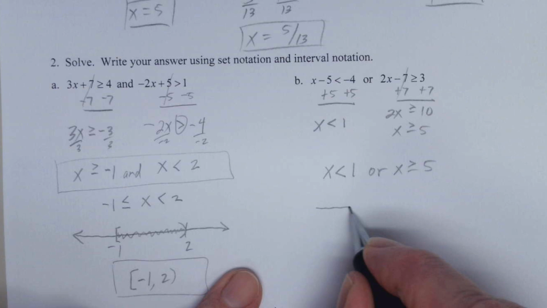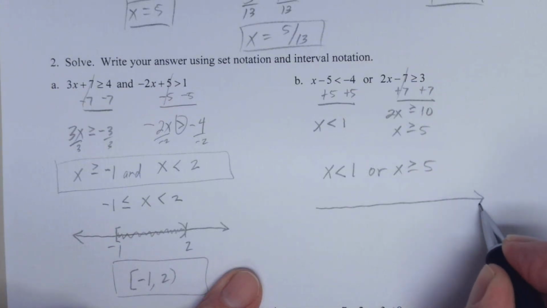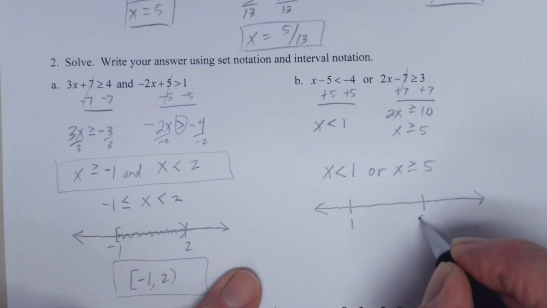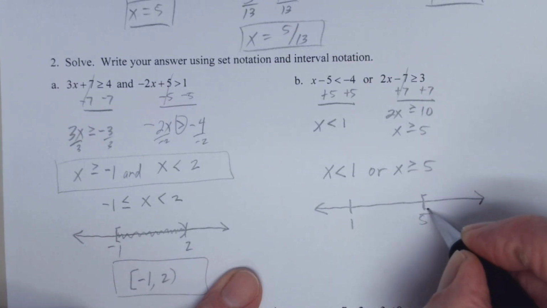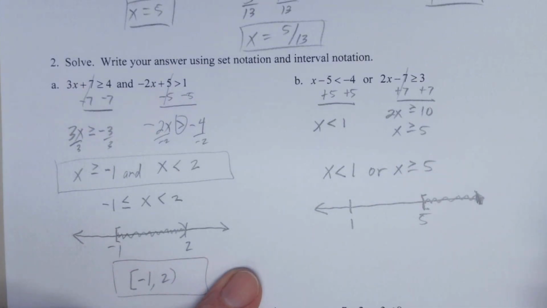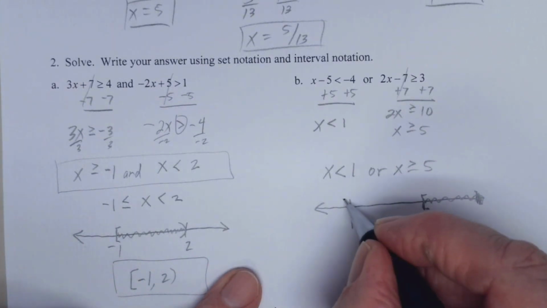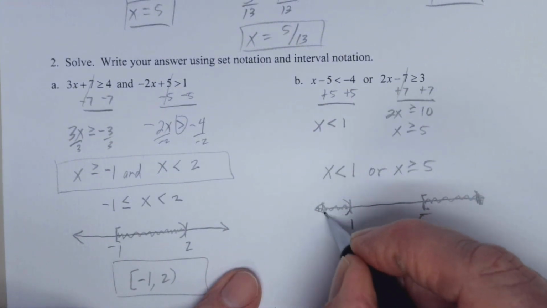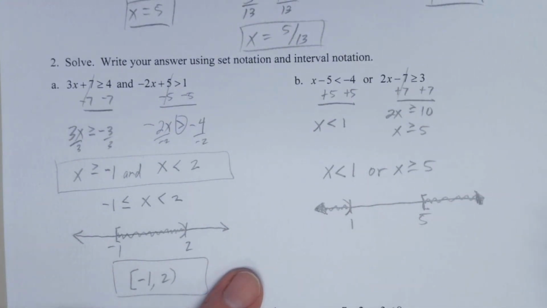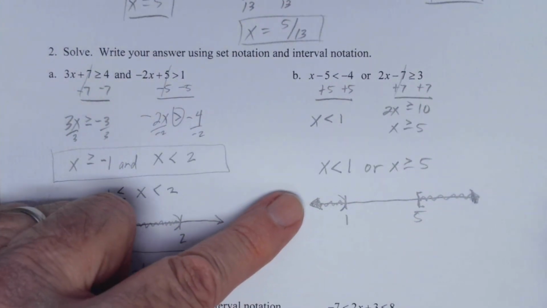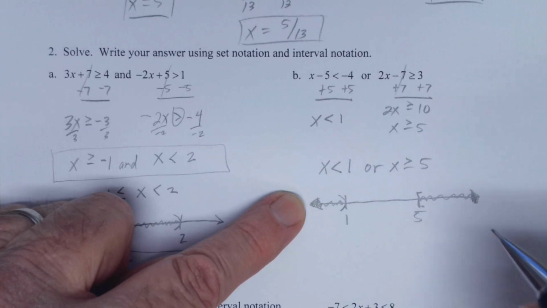So if you were to draw this on the number line, or graph it, it would look like this. Those are the values greater or equal to 5. Here you're going to use parentheses. These are the values less than 1. So interval notation is always written from left to right. So on the left, this goes forever left.